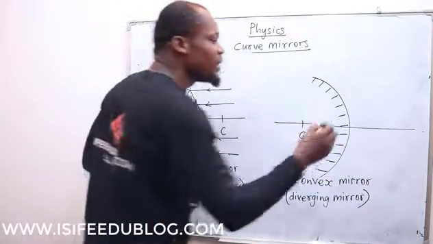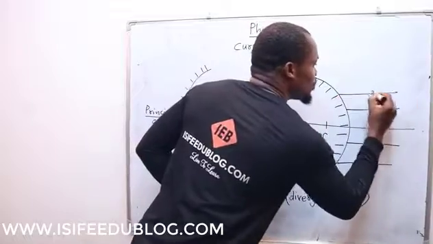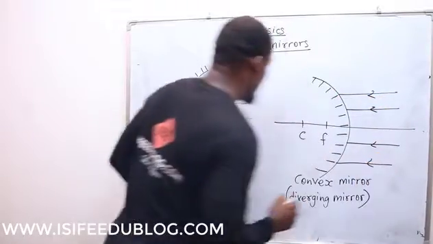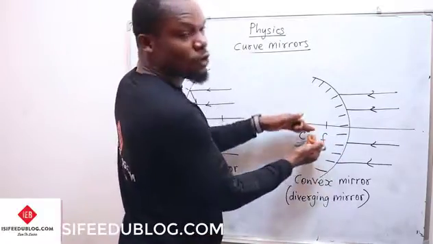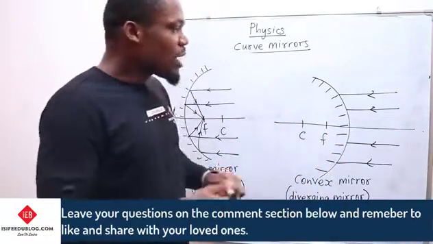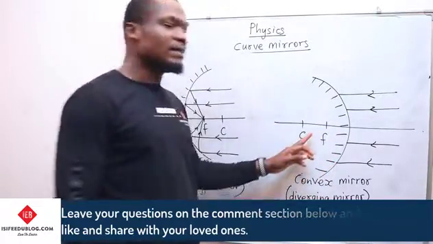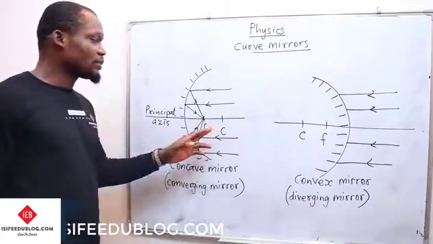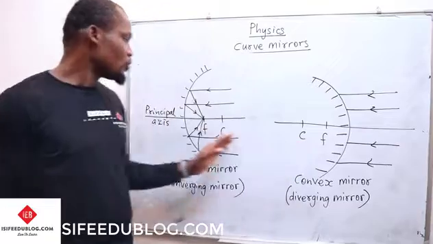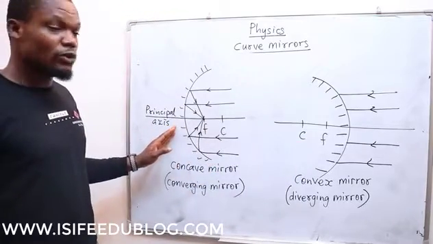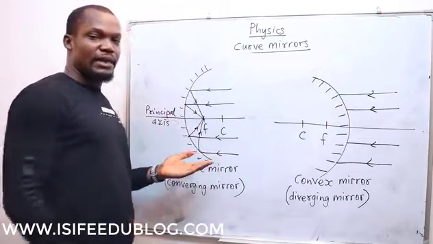So when you have rays of light parallel to the principal axis, just as we have in the concave mirror, what is going to happen here is that they are not going to converge, because the focal point of the convex mirror is now inside or behind the mirror, not like the concave mirror whereby the focal point is in front of the mirror.